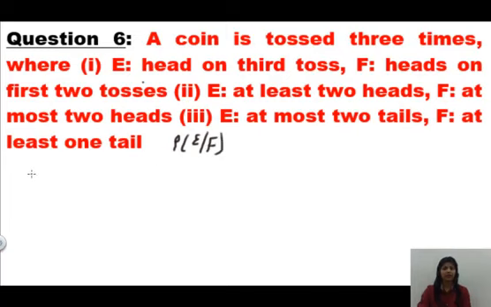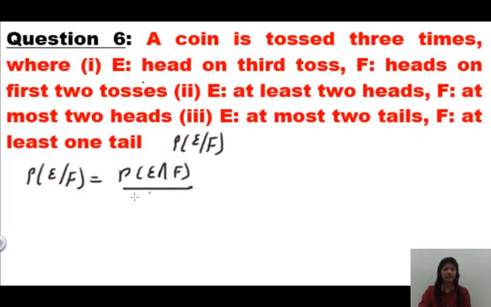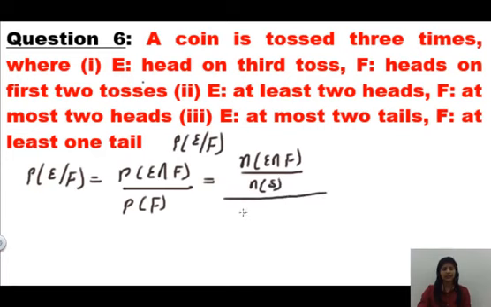Now, one more thing to note is the probability of E by F. As we all know, the formula is probability of E intersection F divided by probability of F. Then we can write it as the number of elements in E intersection F divided by the number of elements in the sample space, divided by the number of elements in F divided by the number of elements in the sample space.